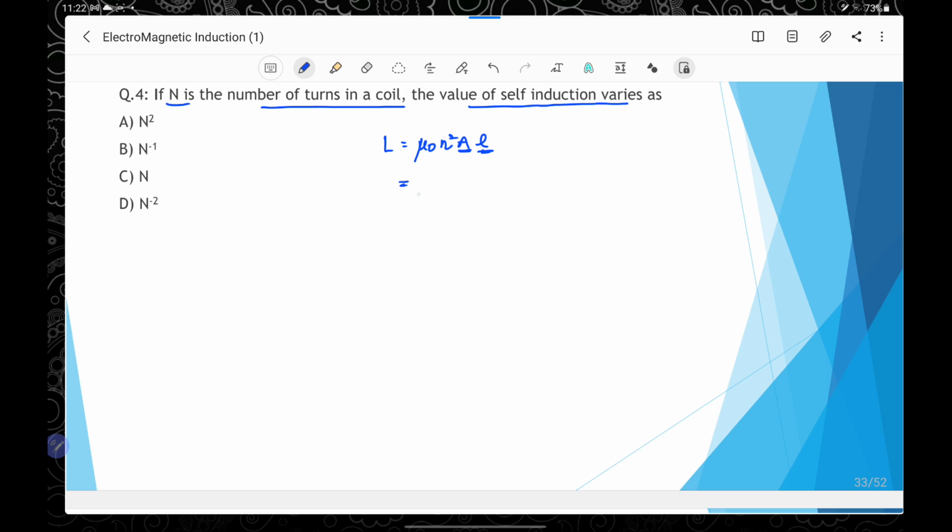We can also write it as mu naught N square A by l, because N equals n into l. So as per the question, L depends on capital N as N square, keeping the other parameters the same. So option A is the correct option.